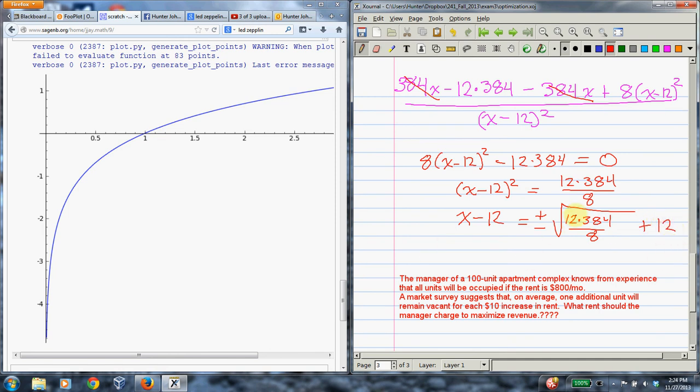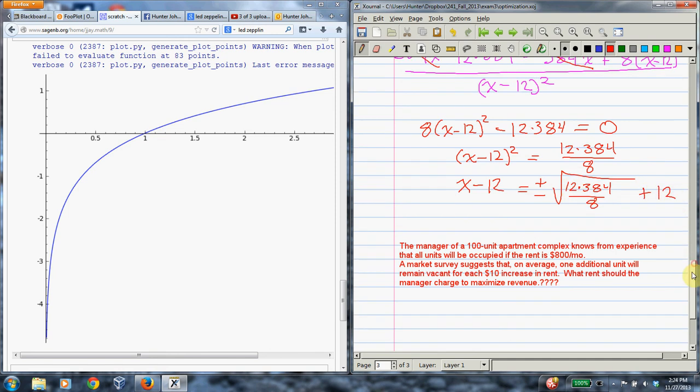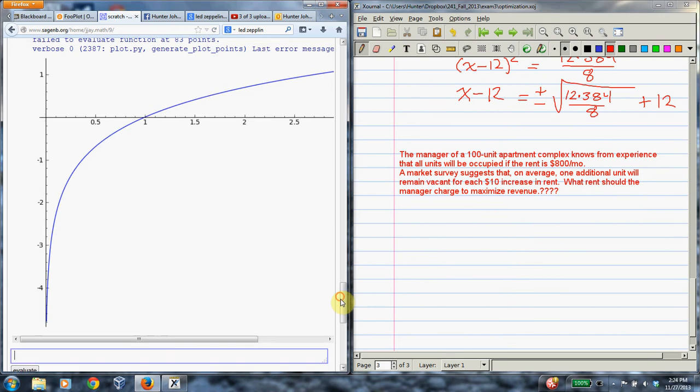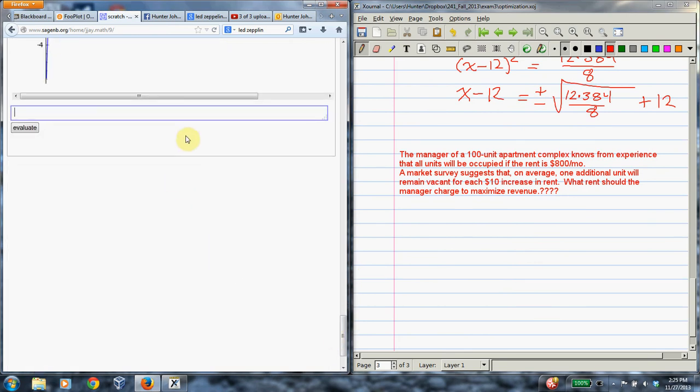Okay, and I bet you that if we actually figure out what this term is, the square root and all that stuff, let's do it over here. That's the square root of 12 times 384 over 8, and what is that?